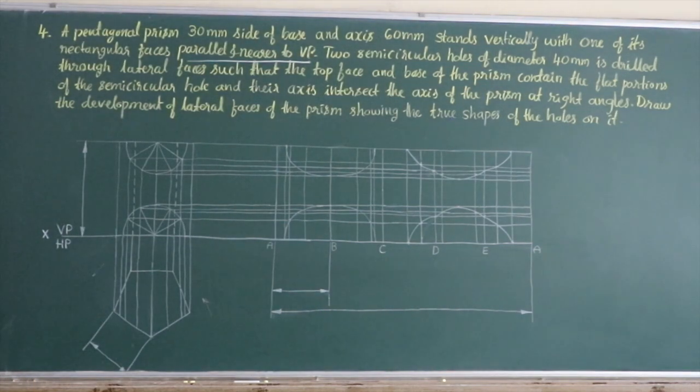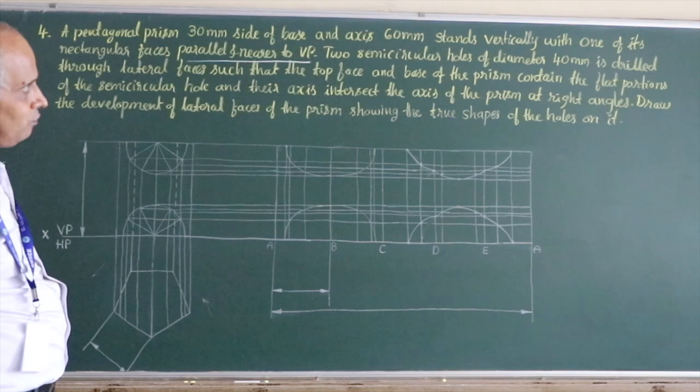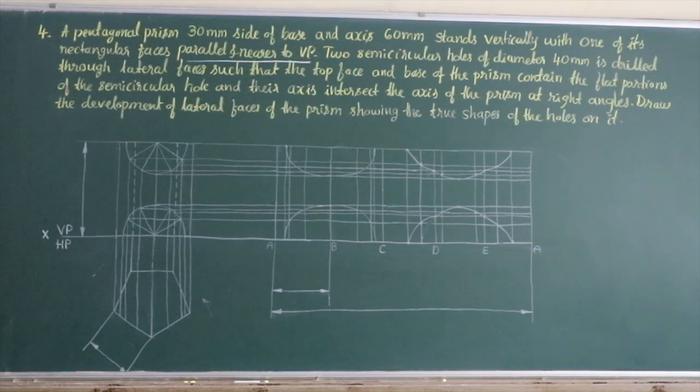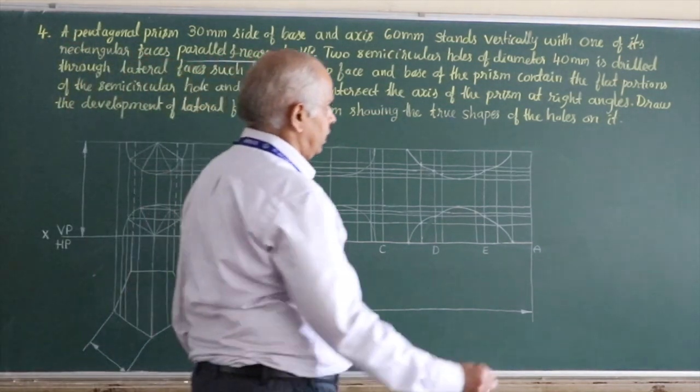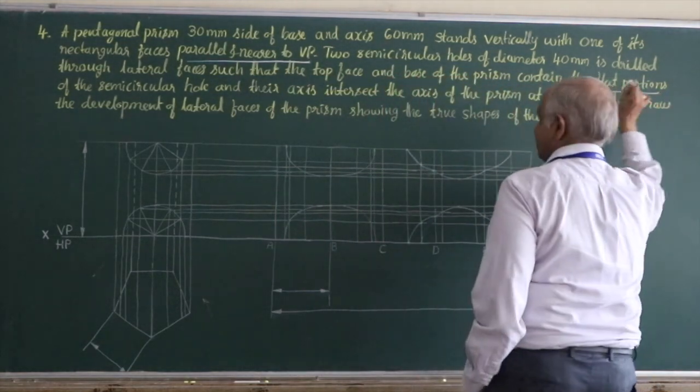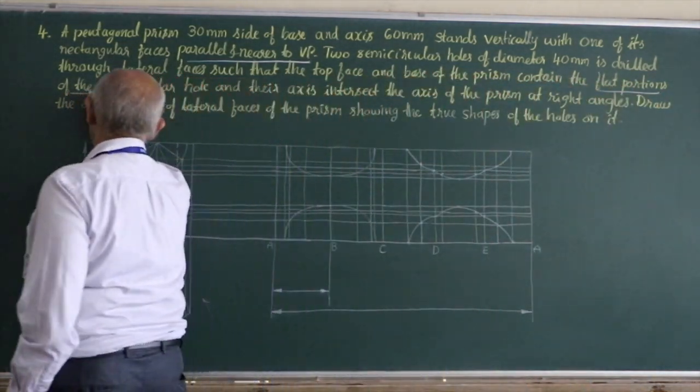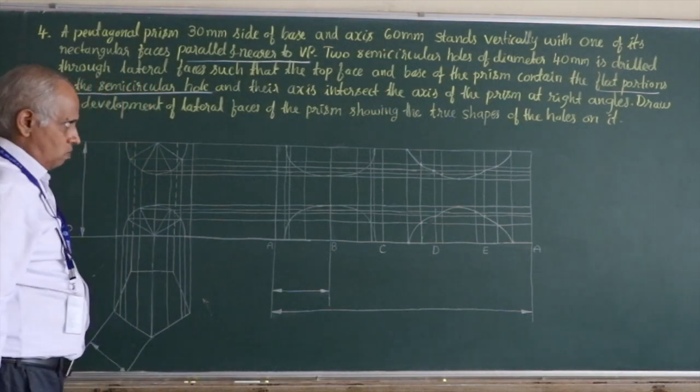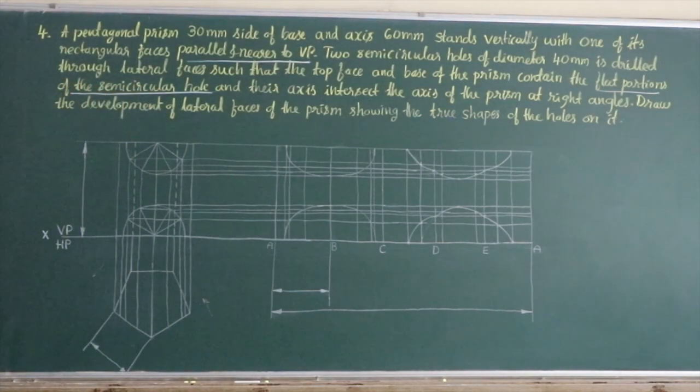Two semicircular holes of diameter 40 mm are drilled through the lateral surface such that the top face and base of the prism contain the flat portion of the semicircular hole, and their axis intersects the axis of the prism at right angles. Draw the development of the lateral surface of the prism, showing the true shape of the holes on it.